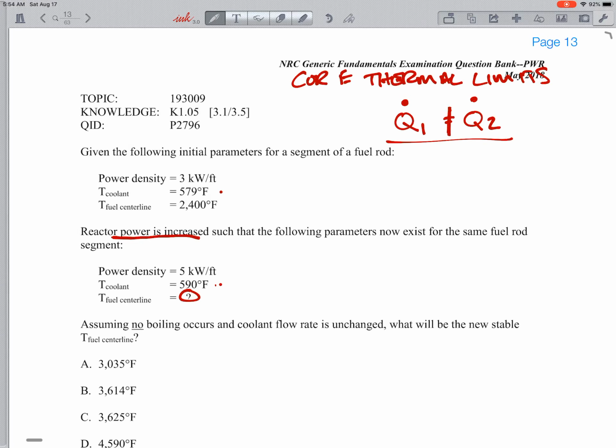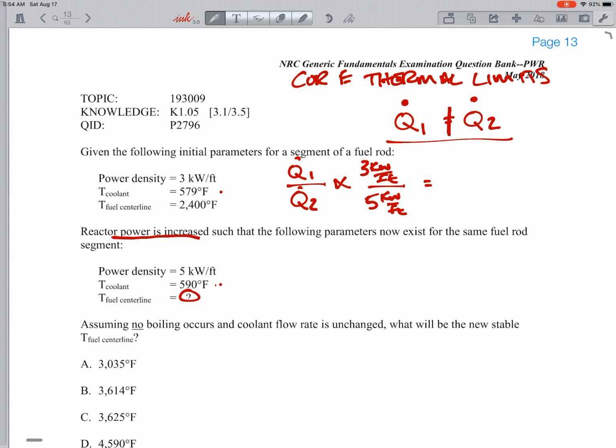Okay, so in this case, we cannot say that Q1 equals Q2. But what we can do is set up a ratio. Q dot 1 over Q dot 2 is proportional to 3 kilowatts per foot divided by 5 kilowatts per foot.